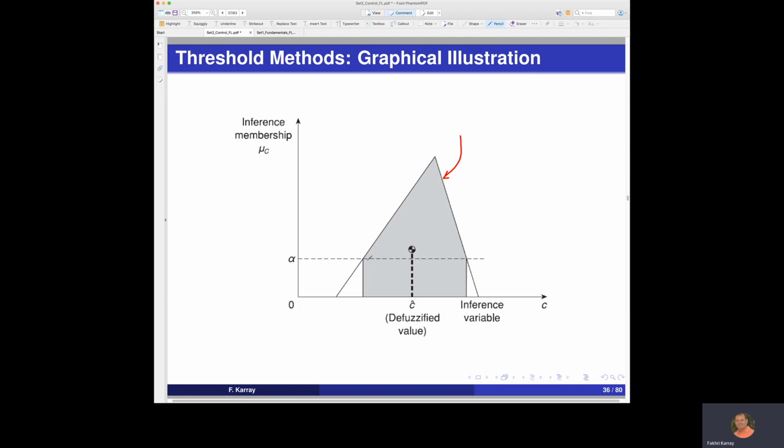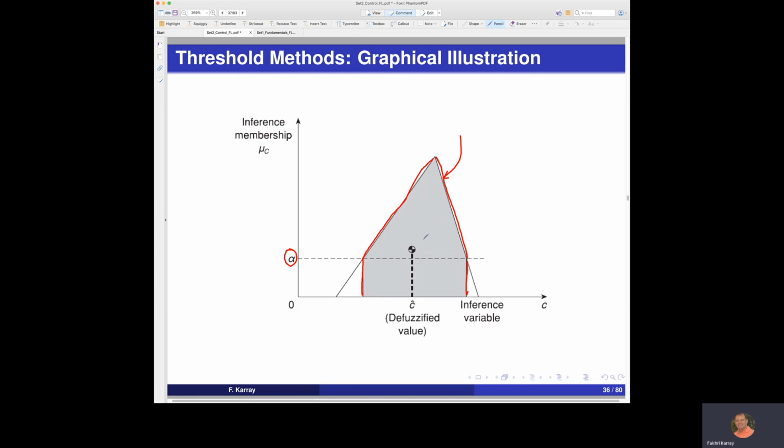As you know, we take an alpha here, and then we take the alpha cut. The membership function value at the alpha cut is represented in this particular region, and this represents what is known as the threshold value.